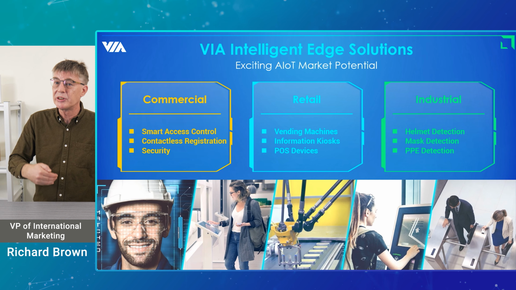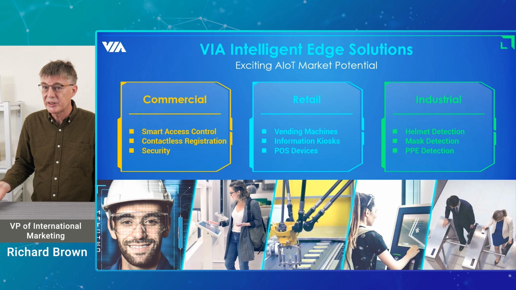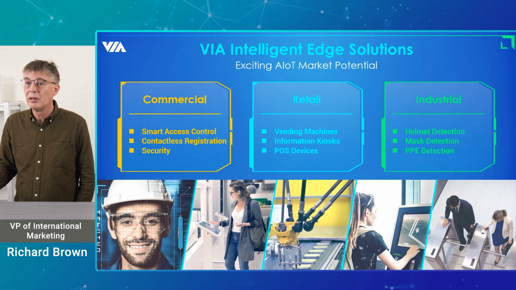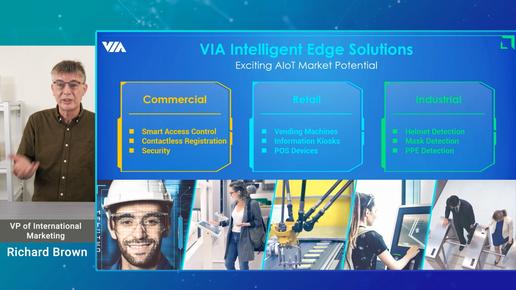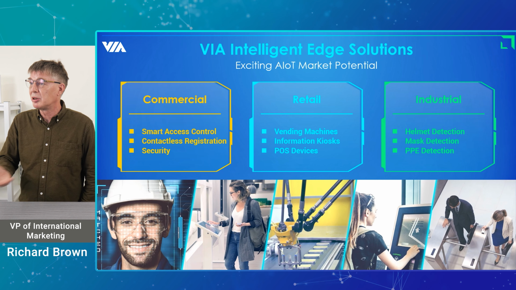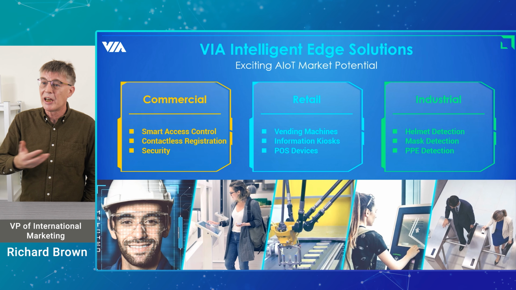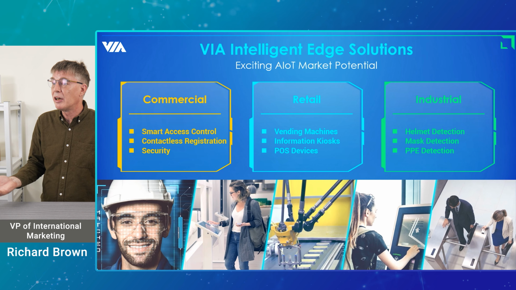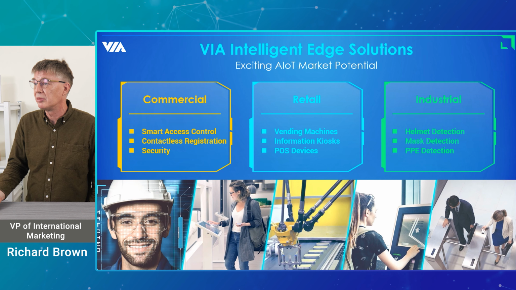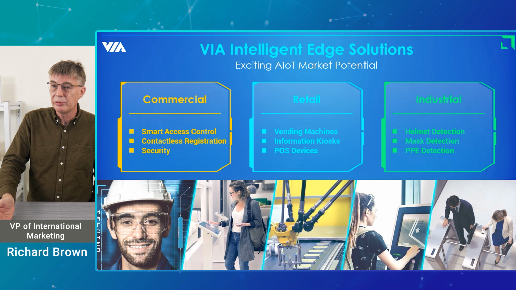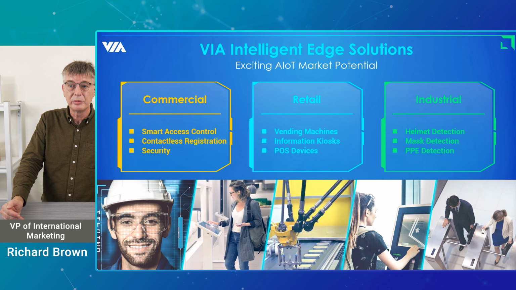The key devices that we see it happening in are things like smart access control, vending machines, a lot of contactless applications, for example in medical clinics, and also areas like helmet detection, mask detection, and PPE detection in industrial settings. So this year we're launching our first generation of platforms, and I think next year we'll continue to expand the solutions that we have available for these different markets.